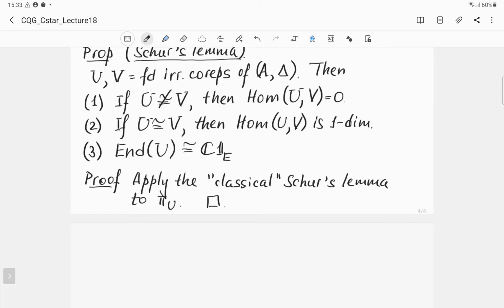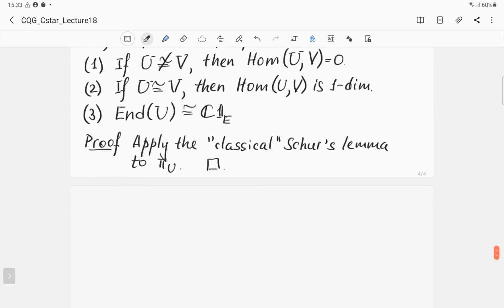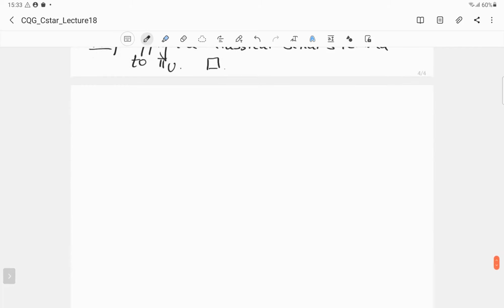Okay, now we come to the following important theorem. This will be the first place where we'll use the Haar measure, the Haar state.